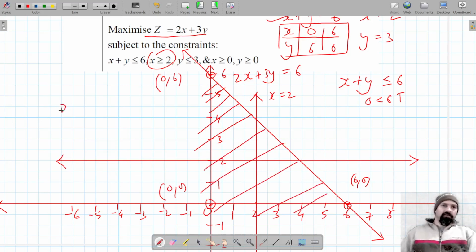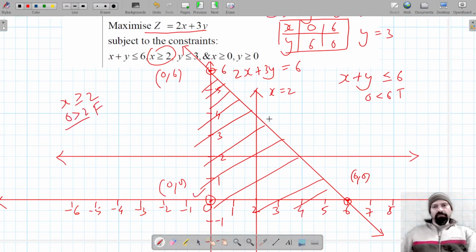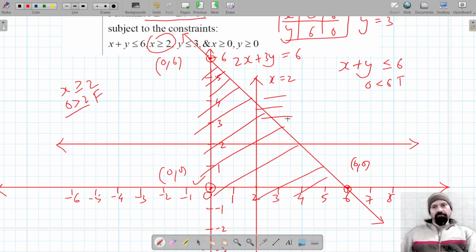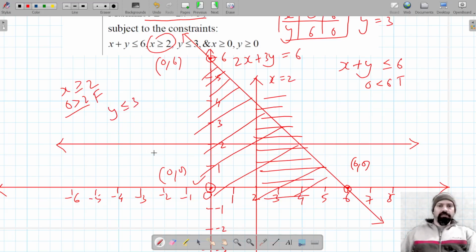And for x is greater than or equal to 2, if we check it for the origin, 0 is greater than 2, which is false. So that means its solution region is away from the origin, towards this. And for y is less than or equal to 3, if we check it for the origin, 0 is less than 3, which is true.